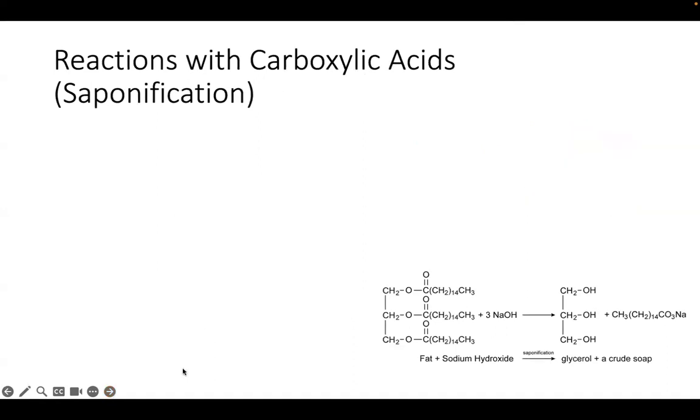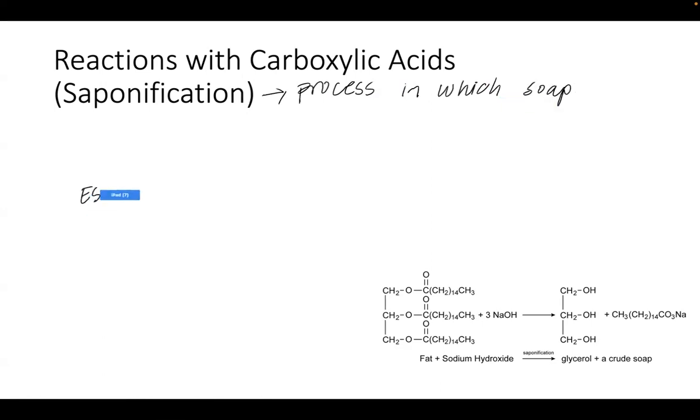Next, I want to talk about reactions with carboxylic acids. Basically, I want to talk about saponification. So this is the process in which soap is formed. It's a special kind of reaction, right? So we take an ester or carboxylic acid, we react it with a base.